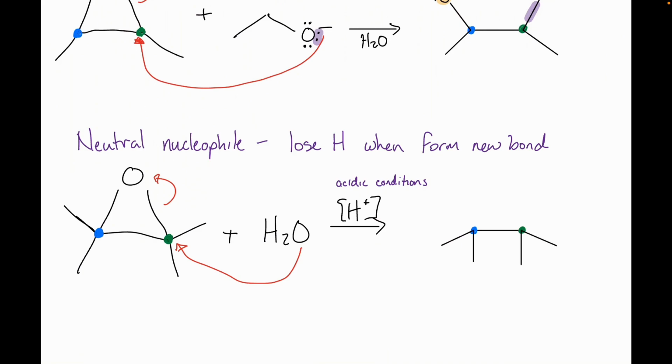Okay. My nucleophile has attacked that green carbon, but again, when I add it, it's just going to be an OH. I'm going to lose a hydrogen for a neutral nucleophile. And my other carbon now has also an OH group, but specifically this oxygen is the one that used to be in my epoxide 3-membered ring.